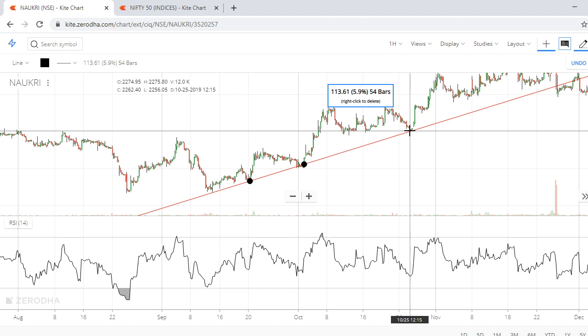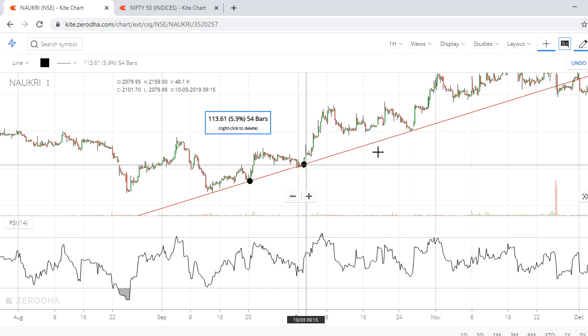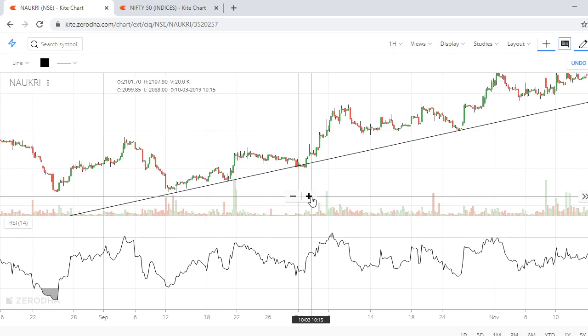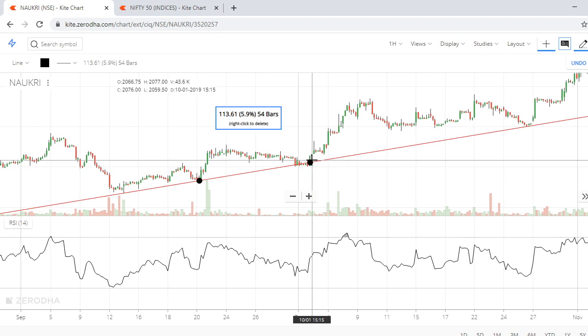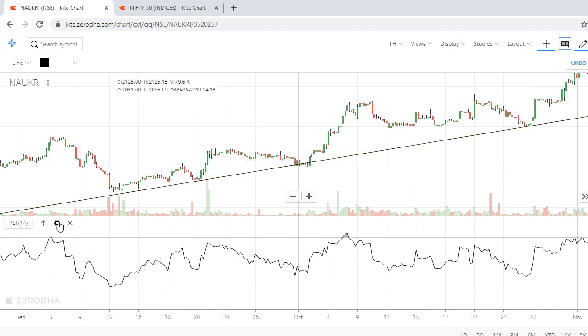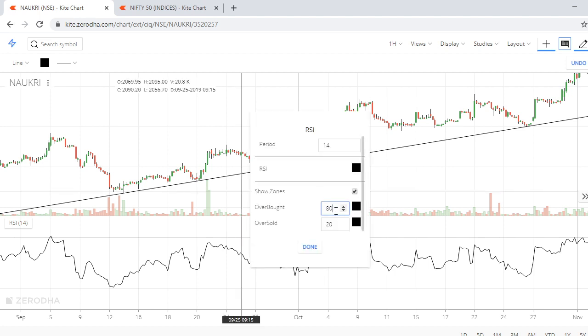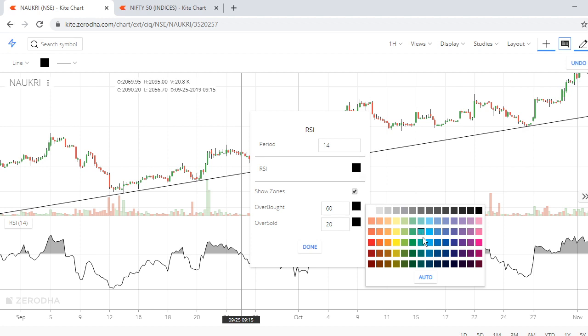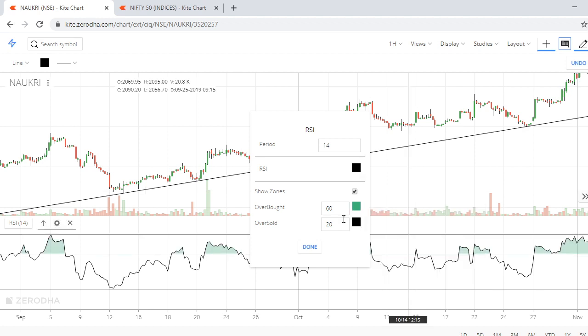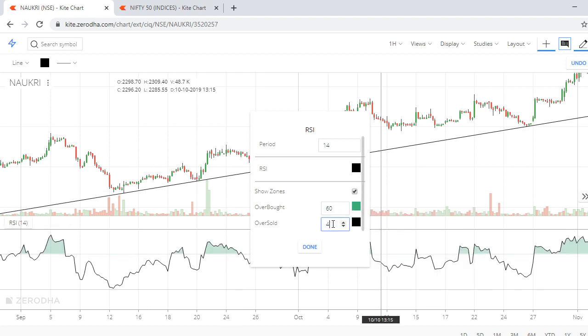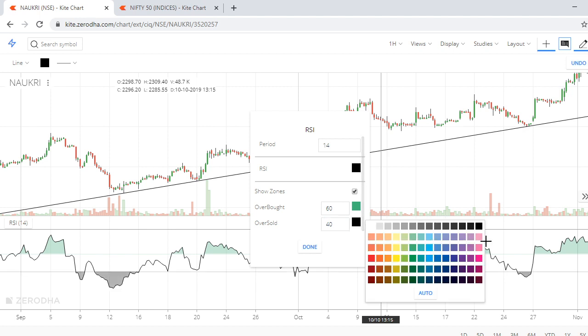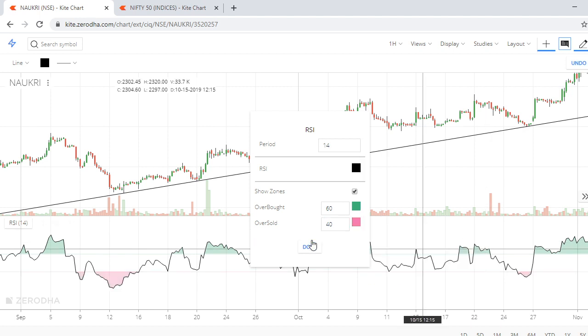See, there it is, the trend line. Now first we need to change these levels. Overbought zone 60, change the color. Oversold zone 40, so that we can easily understand whether it entered into our zone or not.